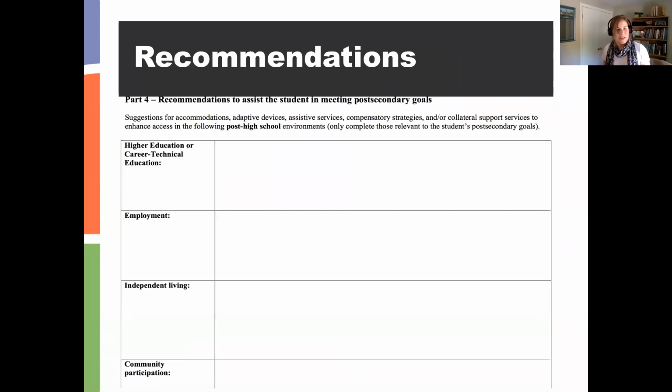Section 4 is recommendations. On here, suggestions for accommodations, adapted devices, assistive services, etc. There are 4 rows: higher education or career technical education, employment, independent living, and community participation.